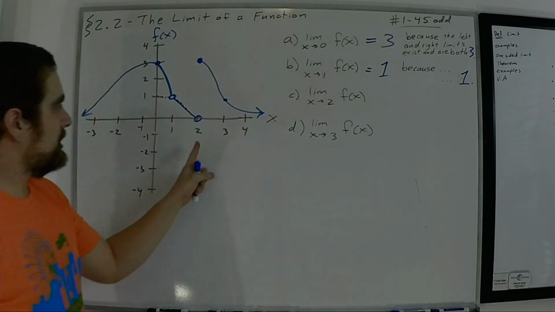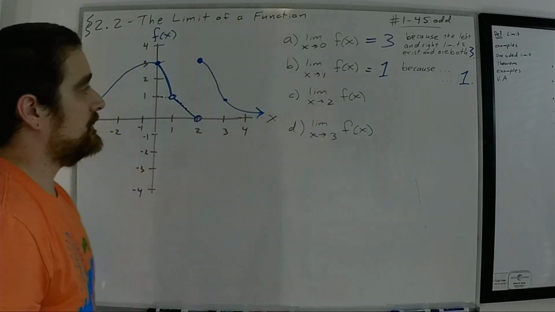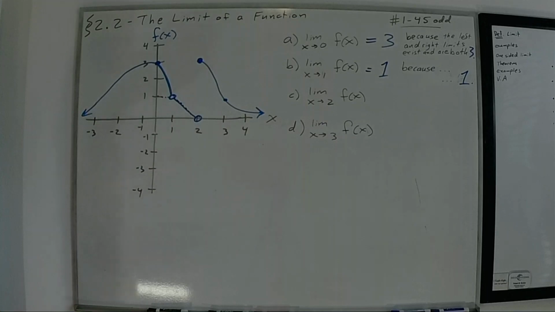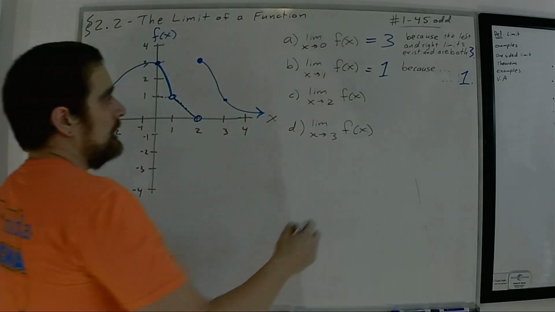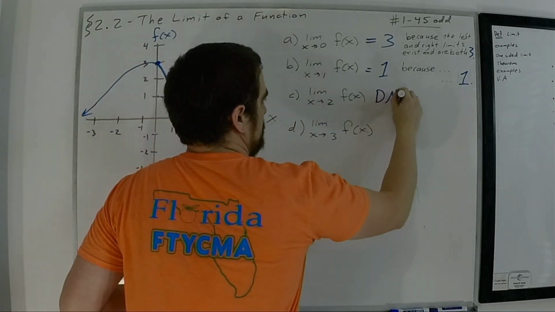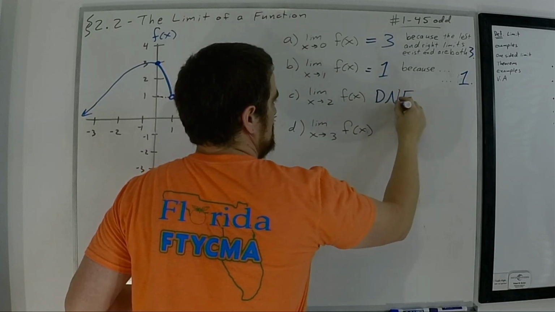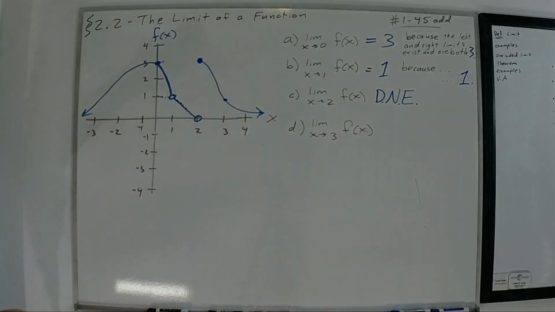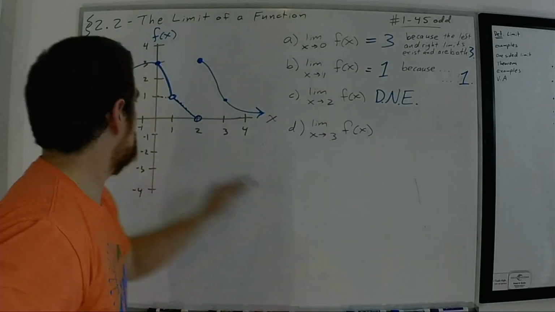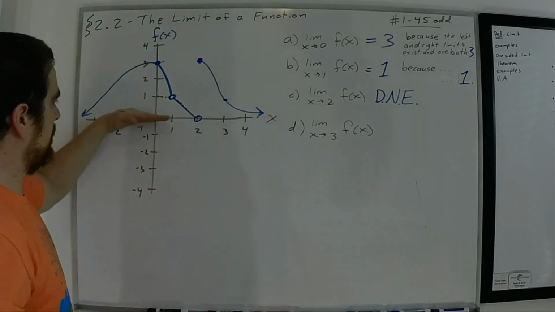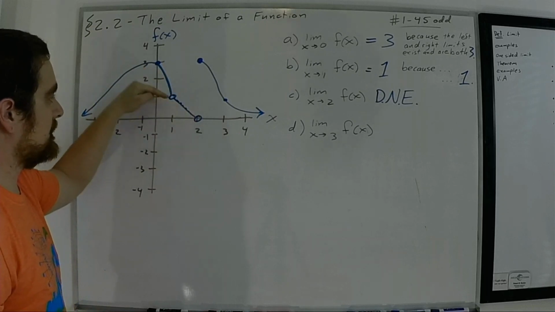Now, what about the limit as x goes to 2? And again, you probably have a good guess for this already. Does not exist. I'm just going to write DNE for short. And you're thinking, well, wait a minute, the left-hand limit is approaching this value of 0, right? It's coming to the x-axis from the left.